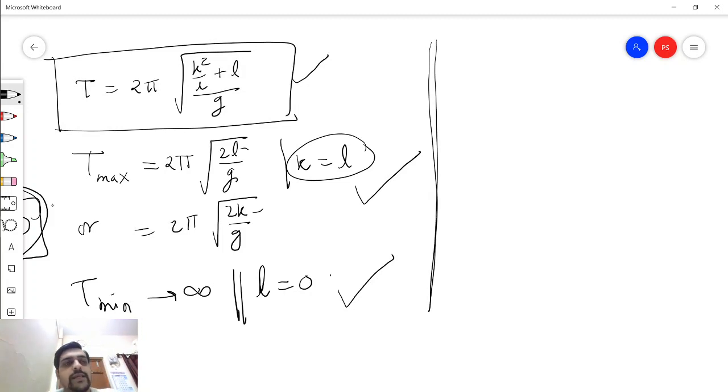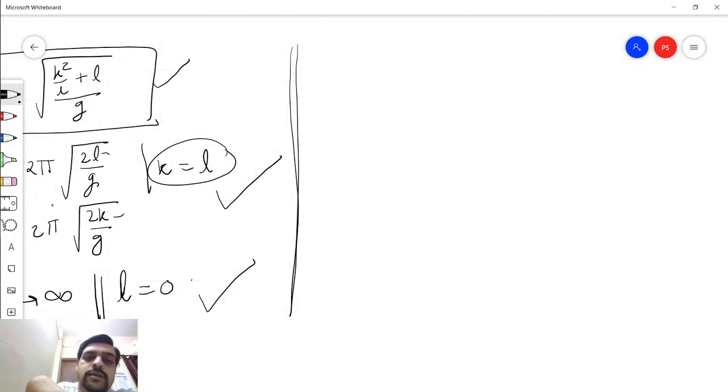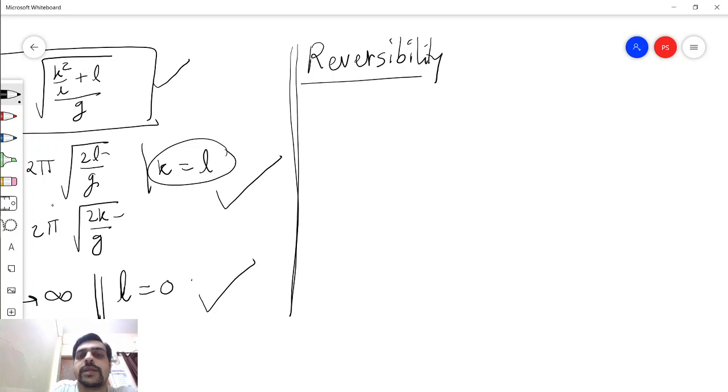We will extend this discussion further to understand another important property of a physical pendulum, which is sometimes called reversibility or interchangeability.